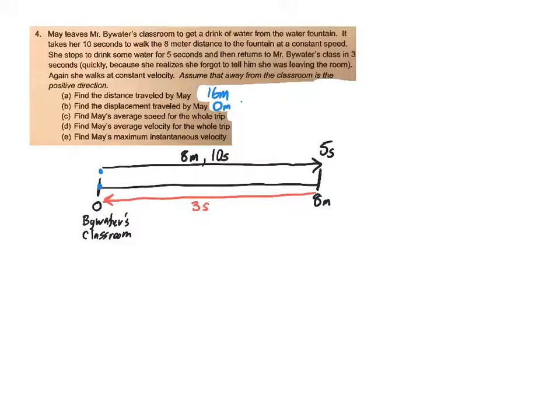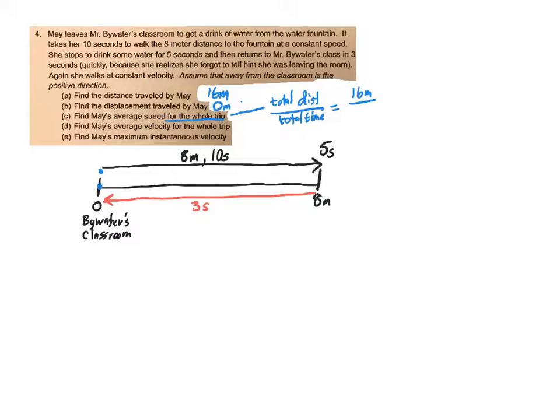Next we move on to May's average speed. Average speed is the total distance divided by the total time. We already found the total distance: 16 meters. The total time is for the whole trip.